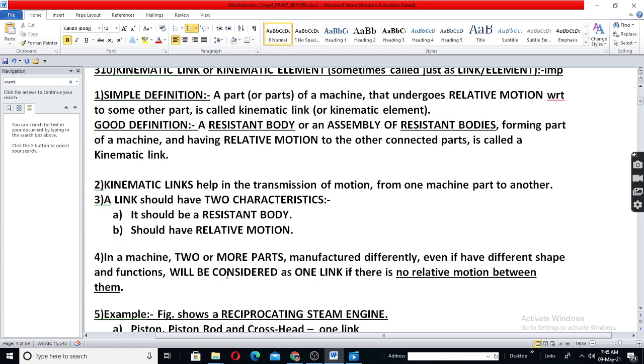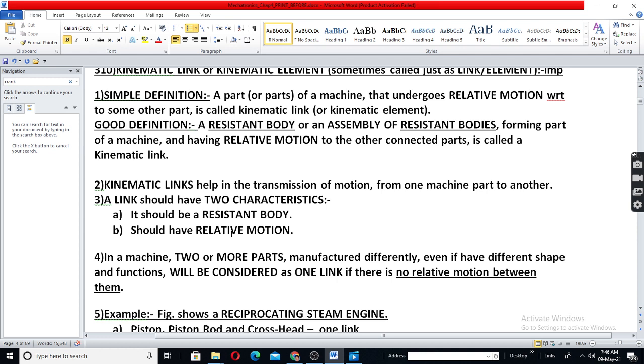Otherwise there is no movement. Kinematic means there should be movement, so there should be relative motion. Now suppose there are two or more parts, but if there is no relative motion between them, then all of them will be considered as one link, even if there are more than one part.